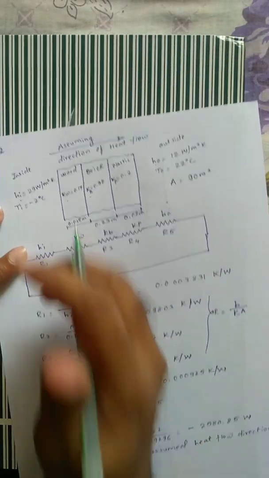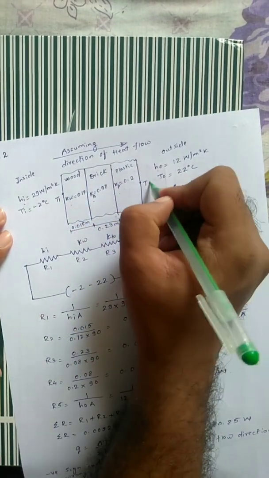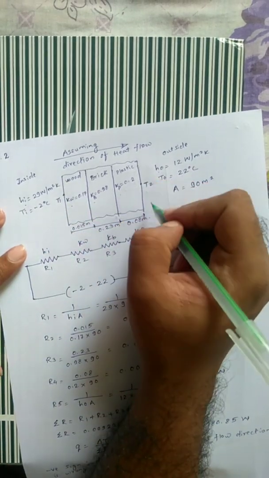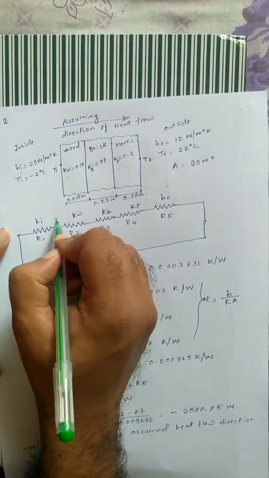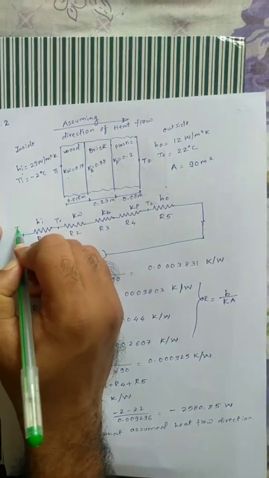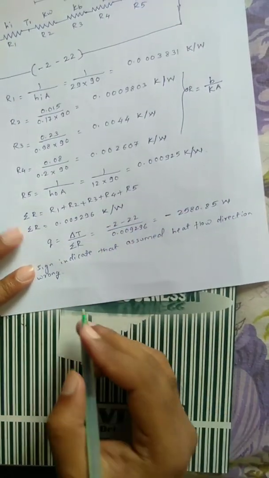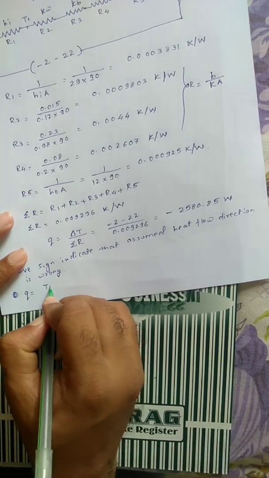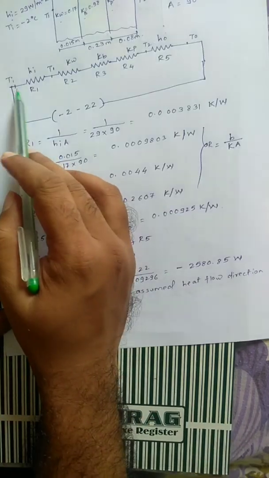Now further, they have asked you to find out the temperature of the inner and outer surface of the wall. So they have asked you to find out this temperature T1 and this temperature T2. Let us assume that T1 is the inner surface temperature of the wall and T2 is the outer surface temperature of the wall. So in the figure you can mention T1 over here and T2 over here, as this is your Ti and this is your To. So here you need to use the formula Q equal to Ti minus T1 divided by how many resistances are in between Ti and T1?